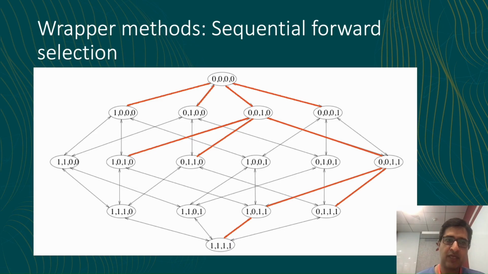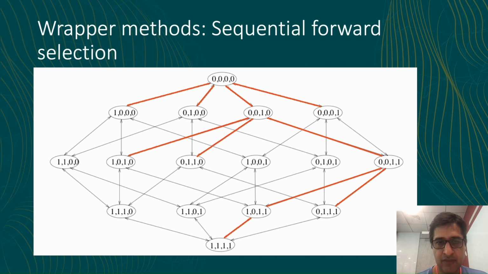Now if you were to think about feature selection in terms of a graph where you have 4 features in this particular case, for a particular feature place, 0 indicates that the feature is not part of the feature set for prediction, and 1 indicates that it is part of the feature set for prediction. So essentially you are carrying out a search on this particular graph.